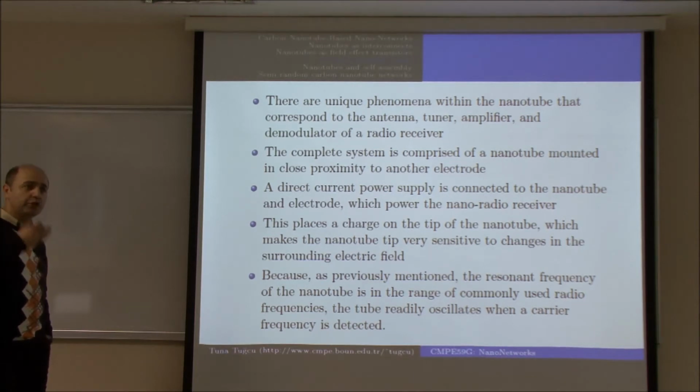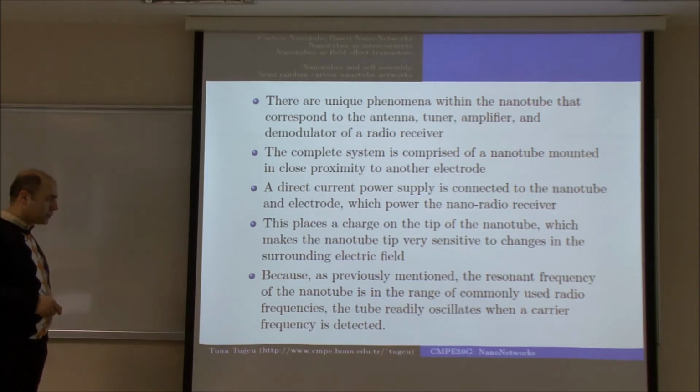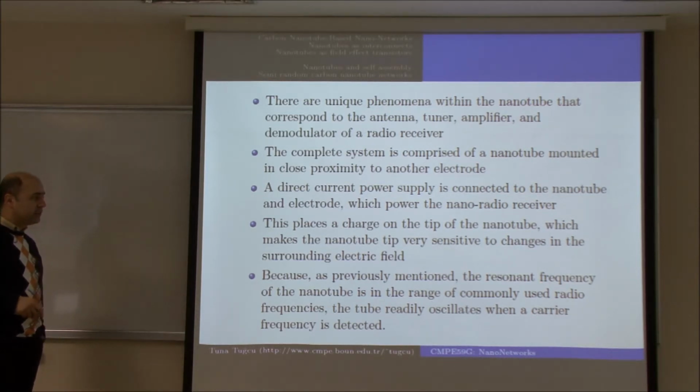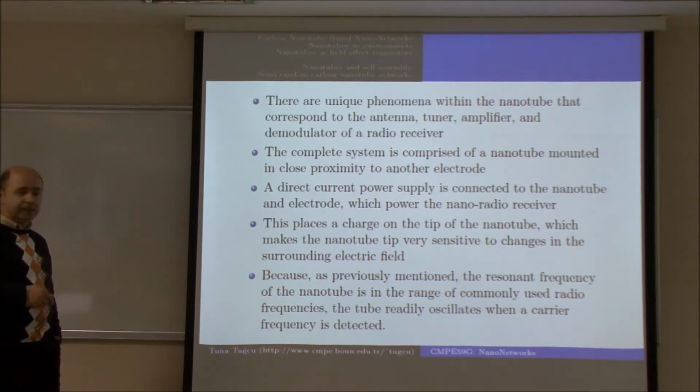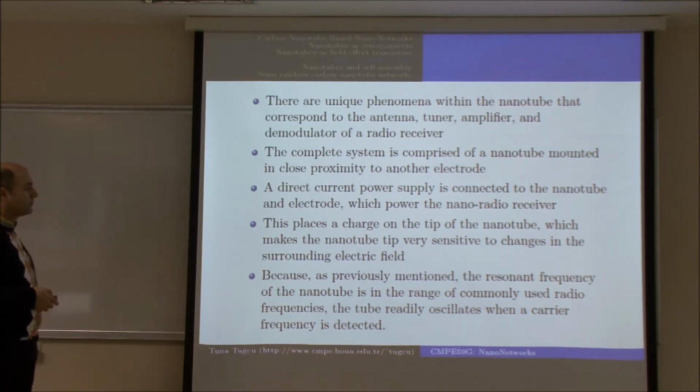And this will actually provide the oscillation of the carbon nanotube. Since the resonant frequency of the nanotube is in the range of the devices we already have, these devices will cause a change in the electric field, and therefore the carbon nanotube will detect it and oscillate accordingly.